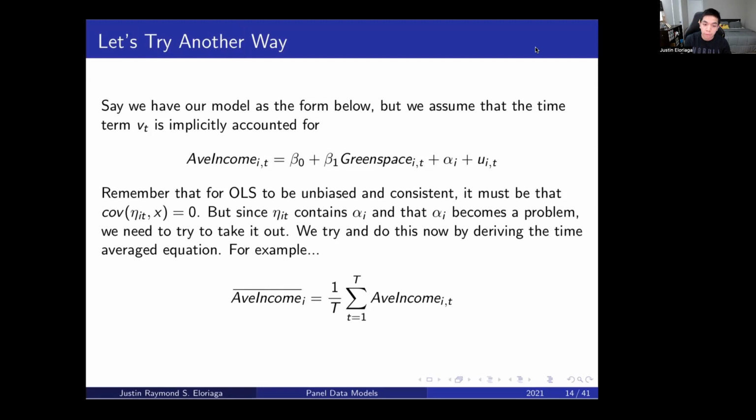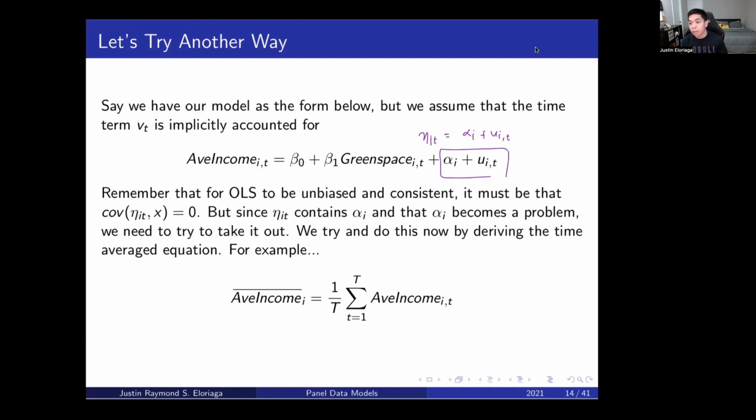Remember that for OLS to be unbiased and consistent, it must be that the covariance between our eta I term, which is equal to alpha I plus UIT, specifically this term there, and the regressors is 0. But since that eta I term contains that alpha I term, which is the unobserved heterogeneity, that alpha I we know is a problematic term. We need to try to take it out.